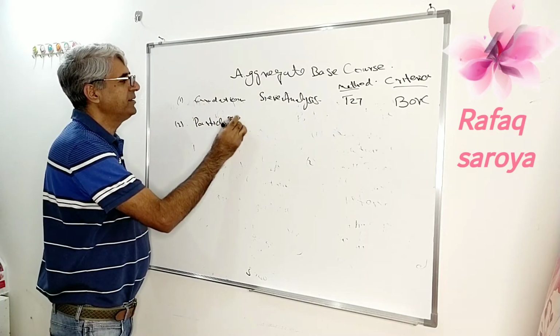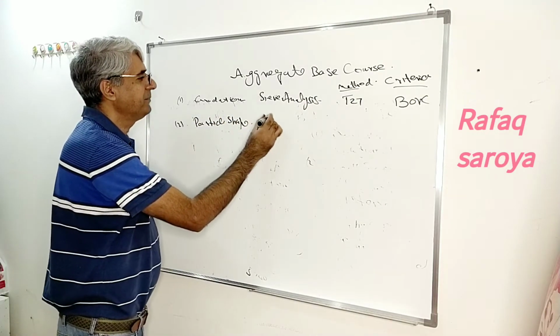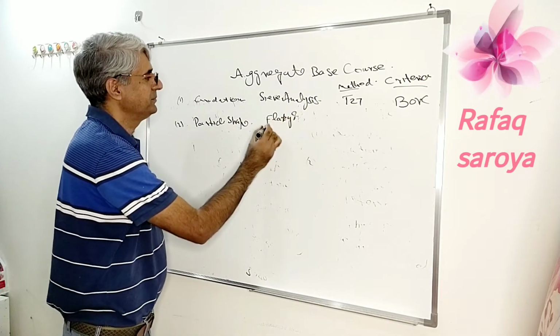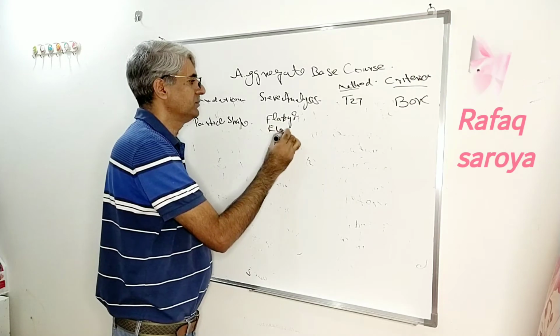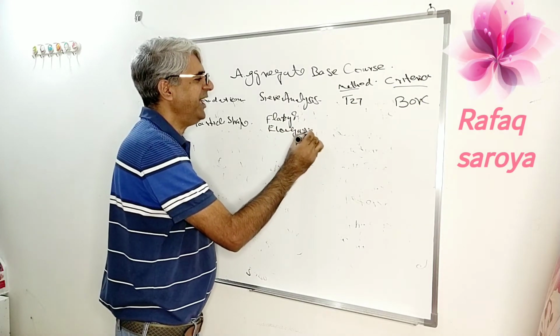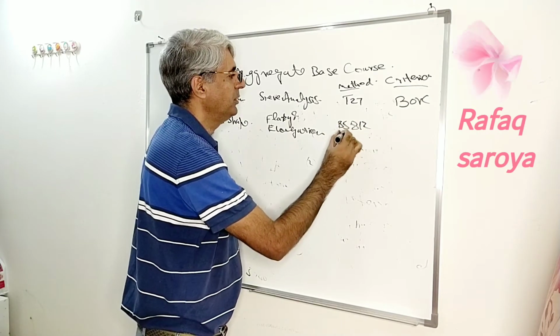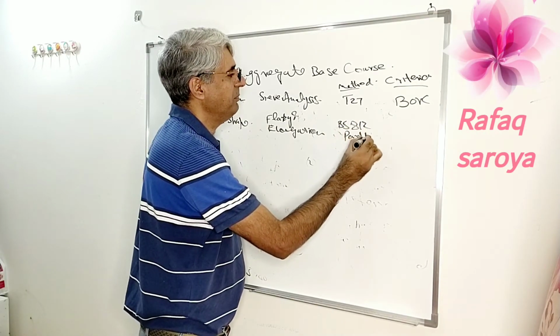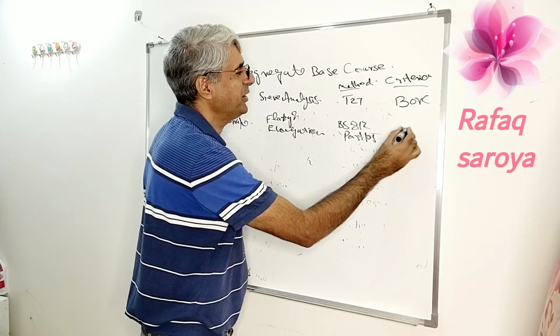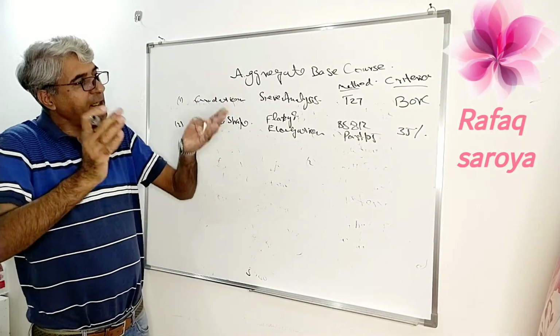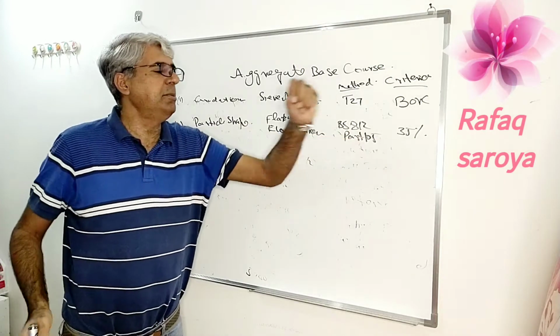Particle shape means flakiness and elongation. For flakiness and elongation, the method is BS 812 Part 105, and it should not be more than 35%. I have already explained that it is required, but there is a certain limit, and this limit is given over here.